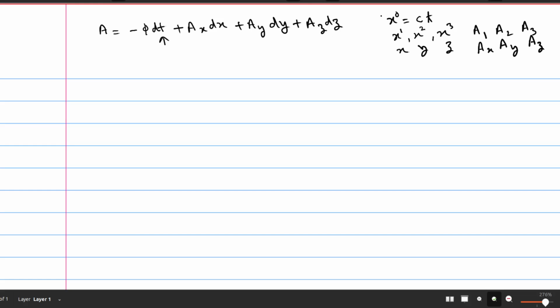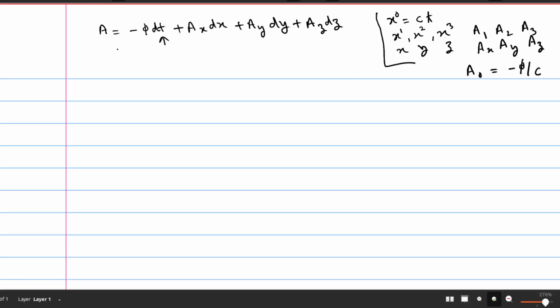So with this new notation we can write, and we also introduce A0, we define A0 as minus phi by c.